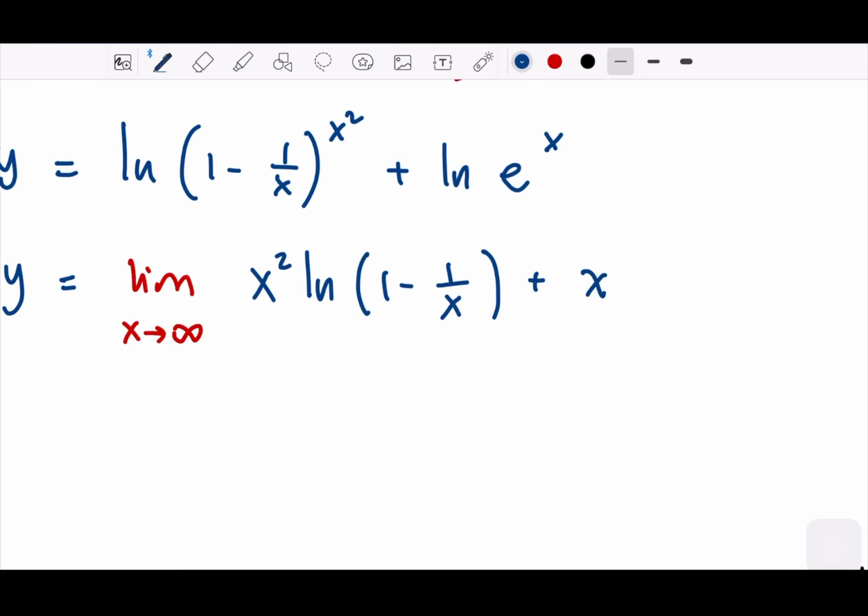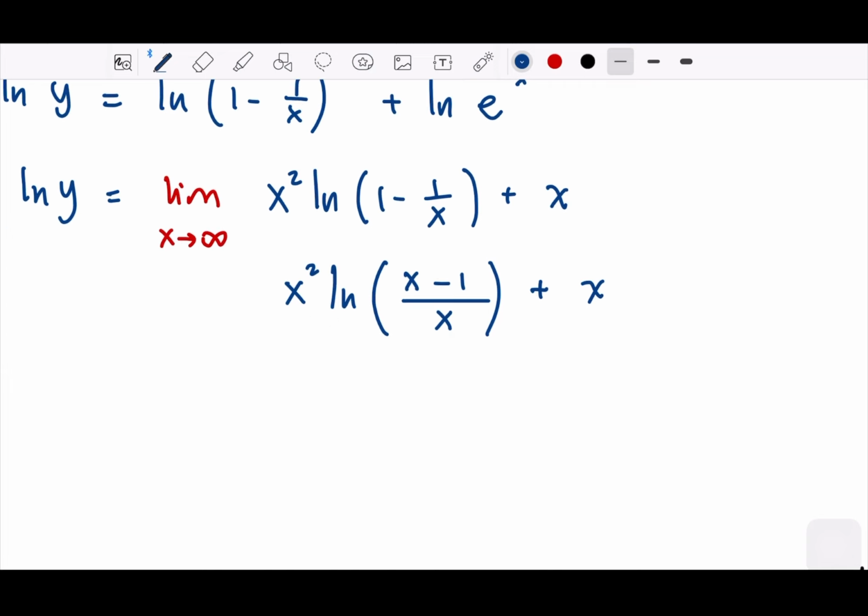How about we try to make this ln, and then we could take this ln x minus 1.